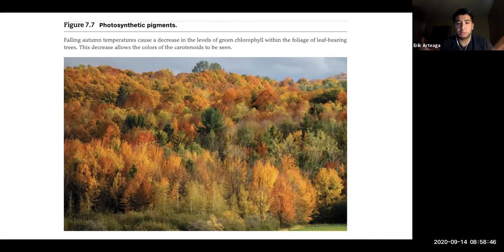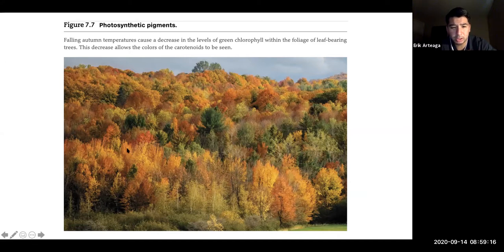So plants, what will happen in the fall is they will go into kind of like a dormant stage with photosynthesis again, because it's fall and winter, typically not as much sun or free water that's going to be present. So those plants will pull in those chlorophyll A and B components into the tree and leave the carotenoids out, because the carotenoids are not as precious of a pigment as those chlorophyll molecules are.